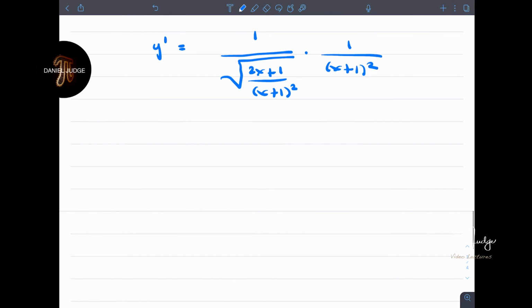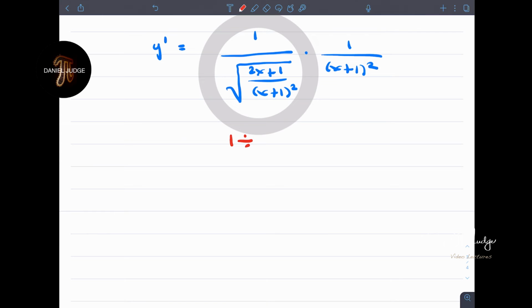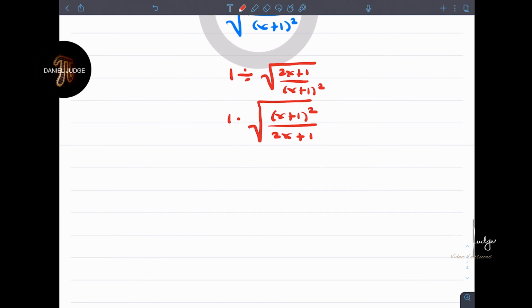Now we are not done here with simplifying. I want you guys to really pay close attention to this portion here, because this is exactly like saying you have 1 divided by 2x plus 1 over x plus 1 squared, which is 1 times the reciprocal of that fraction, x plus 1 squared over 2x plus 1, which is simply going to be x plus 1 squared over 2x plus 1.